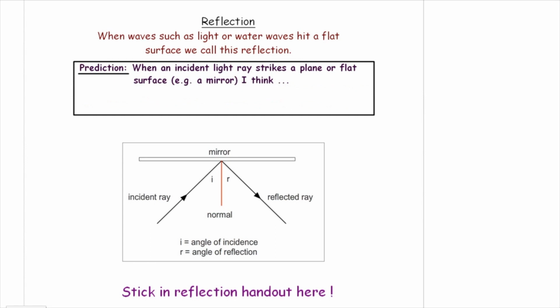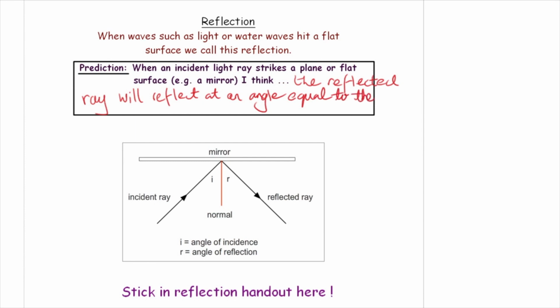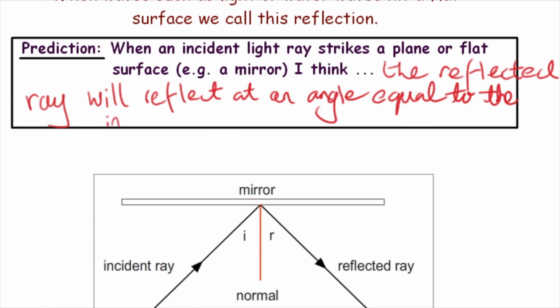Now, you should have had something similar to when an incident light ray strikes a plane or flat surface, I think the reflected ray will reflect at an angle equal to the incident ray.